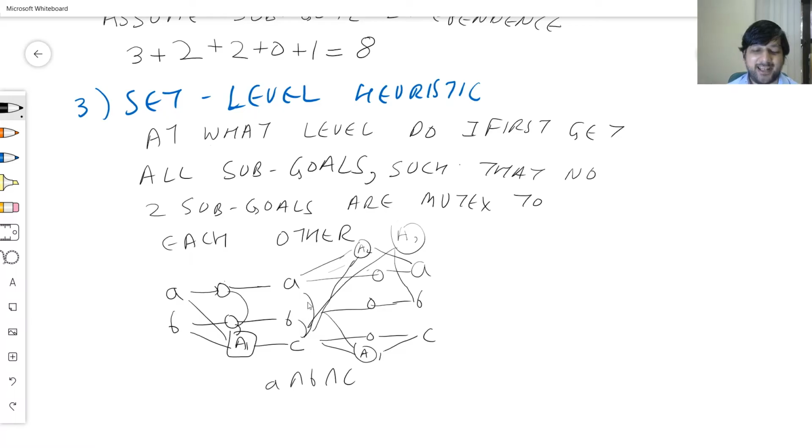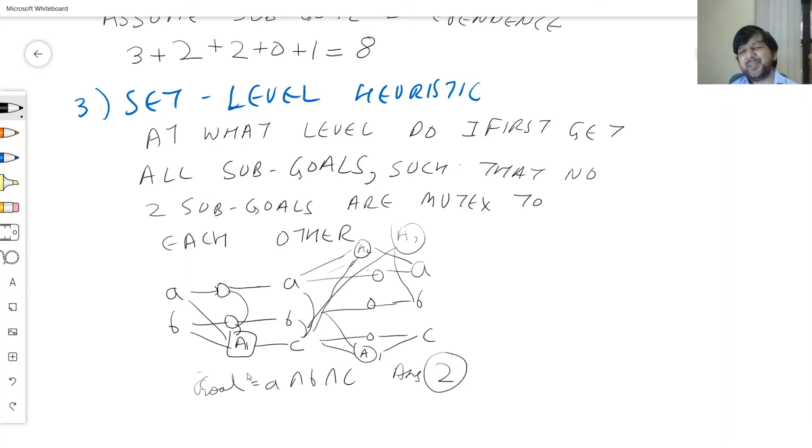So the first level I get A, B and C is 1, but the first level I get A, B and C without mutex is 2, so the answer is 2. The first level I get A and B and C such that none of them have a mutex relationship to each other.